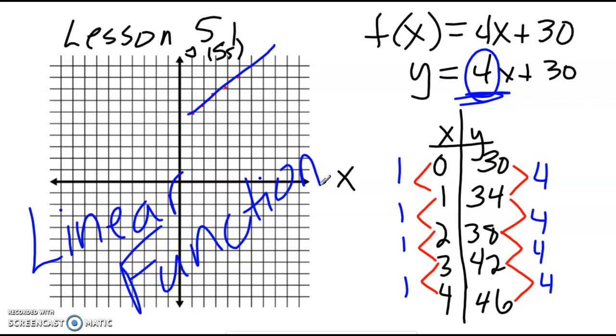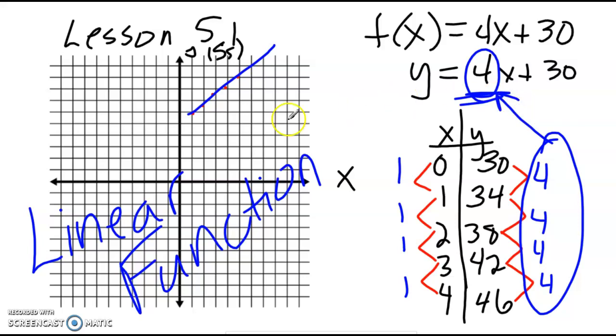And that gives us the same change on our y values. And when we graph them, if we connected all the points, the graph would be in the shape of a line. So that is what a linear function is. And the constant, this right here, is part of our equation. If we solve for y, that's the constant.